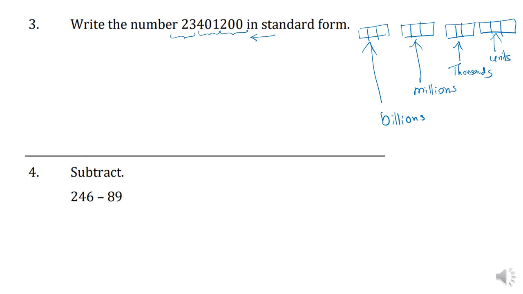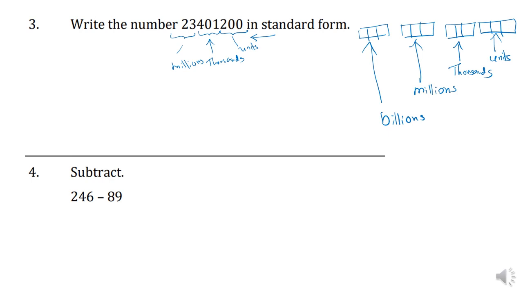Now in this one, this one is units, this one thousands, and this one is millions. So how many millions? You can see 23 millions. Actually, we don't have to write this in letters, so we have to write in the standard form.